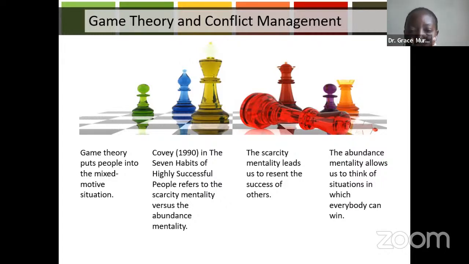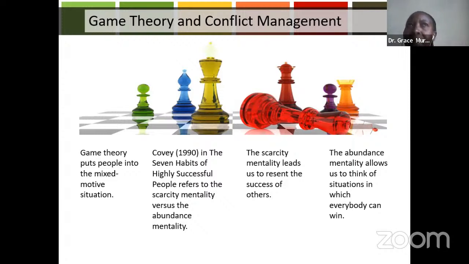We can both win. So the abundance mentality is saying that we can find a way to collaborate. We can all be winners. There is enough for everybody. So if you have what Covey calls the abundance mentality, it means even when you're in conflict, we don't go into the conflict situation with a competitive, chess-like mind.